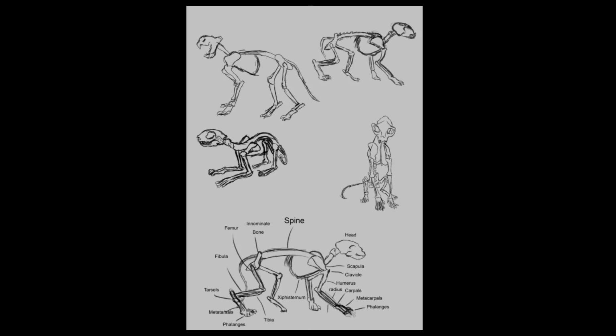I think I forgot to name one there as well. The radius. I think the other one's the ulna. I'm pretty sure the ulna. Yeah, the ulna. That's the one I forgot to name. But yeah, those simple ones. Most of us have them, but lots of animals have those kind of things, so it becomes easier to understand.